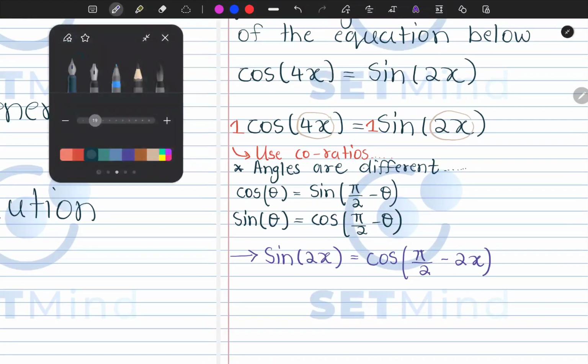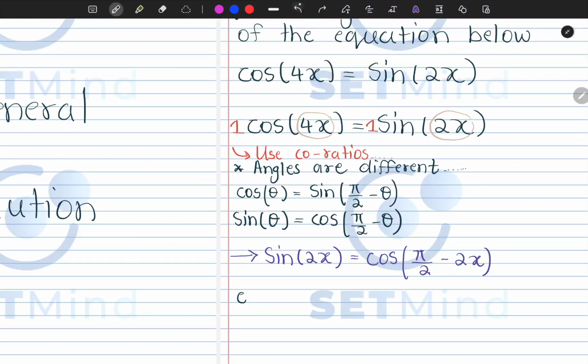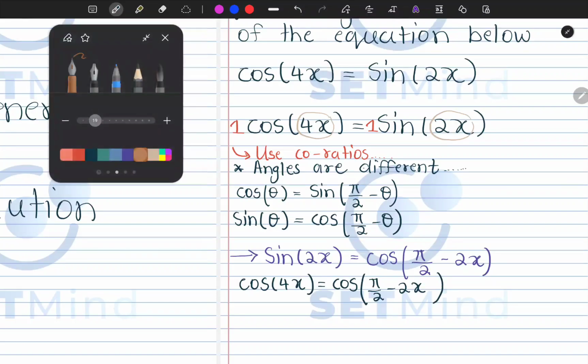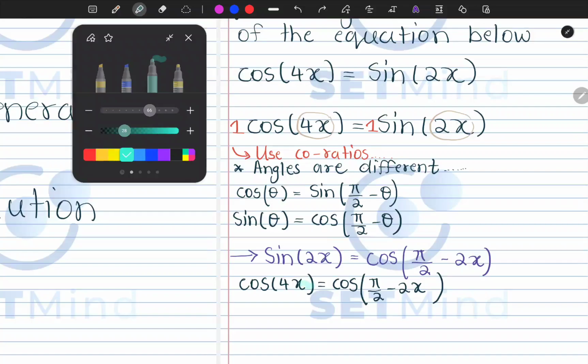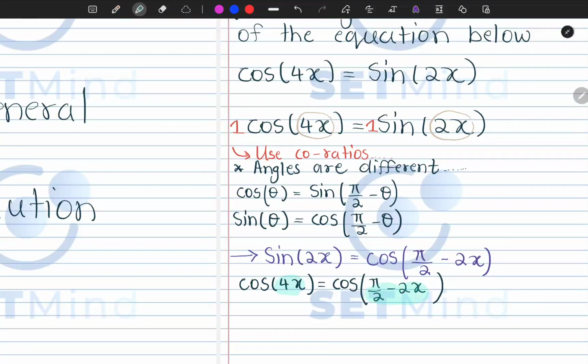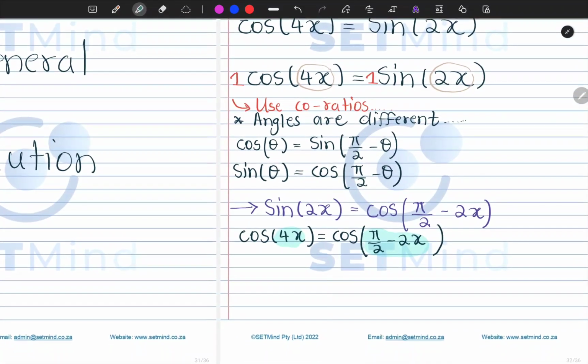So what does this mean? It means that our cos of 4x is now equal to cos of pi over 2 minus 2x. And once you have this situation, you should know that the angles must be equal. So this angle and that angle, because you have coses, they must be equal. So what we are going to have is 4x equaling pi over 2 minus 2x.